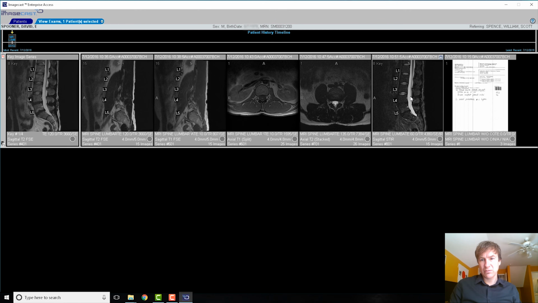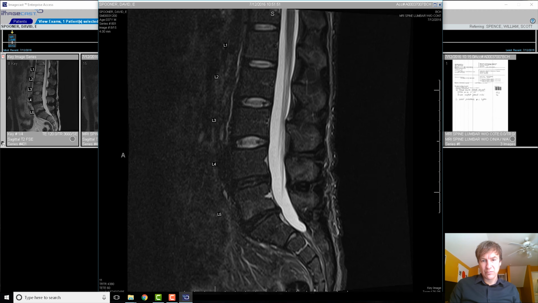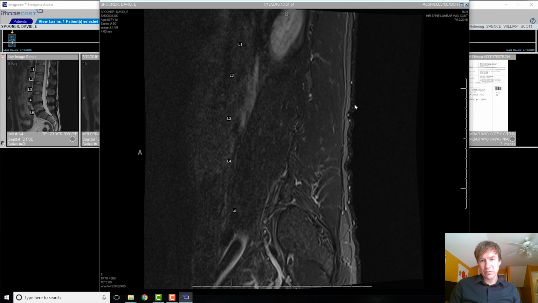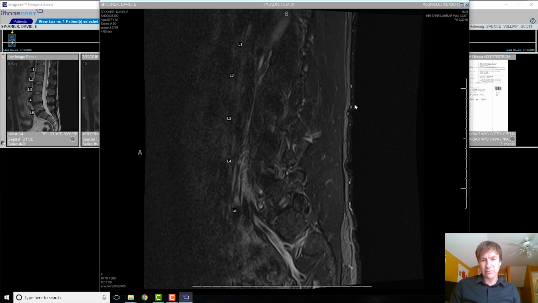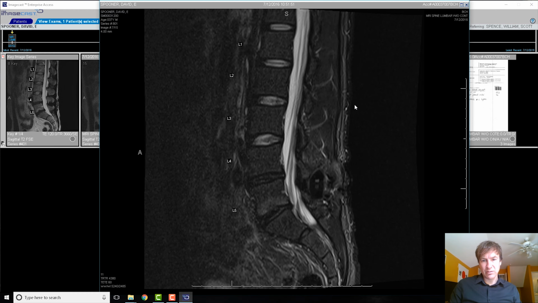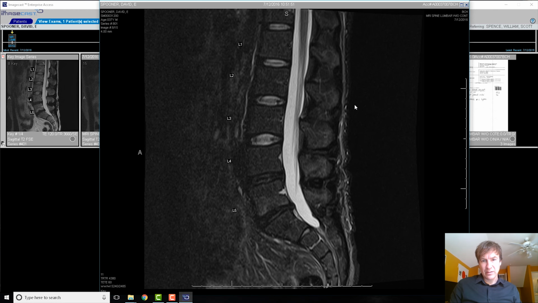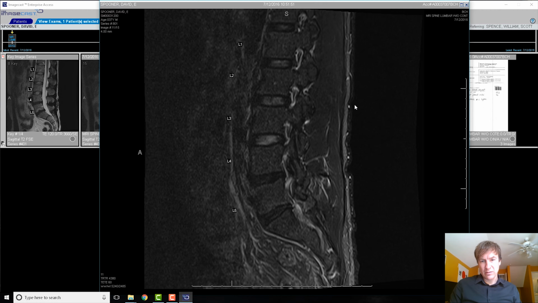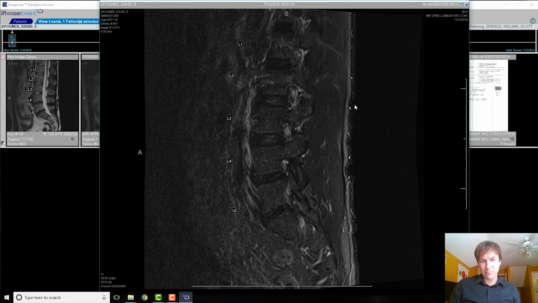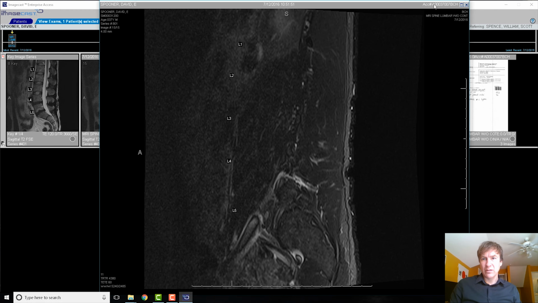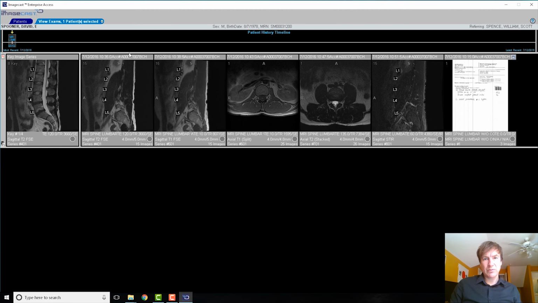So maybe this is, let me check this one out. Anyway, I'm just going to move from one side to the other, and you guys can figure it out. But the bulge on my disc is always on the left side. So this might be the left side. That's fine. I don't know. Anyway. All right, so that's it for this one.